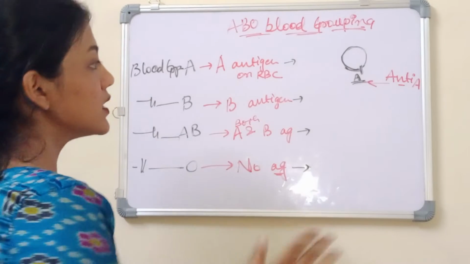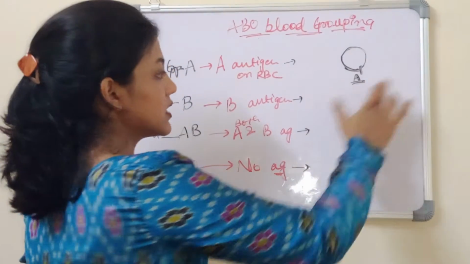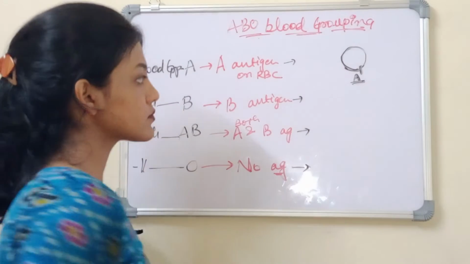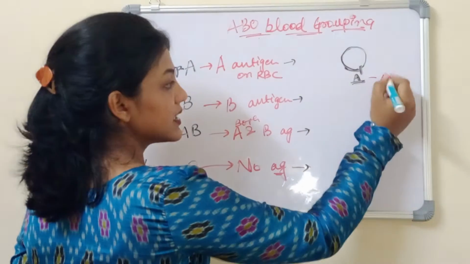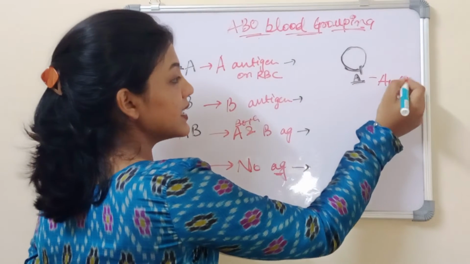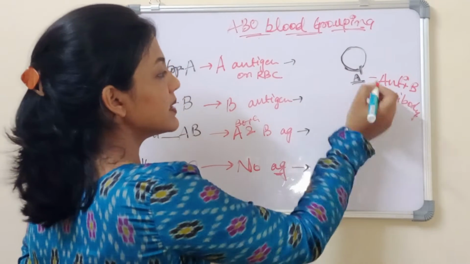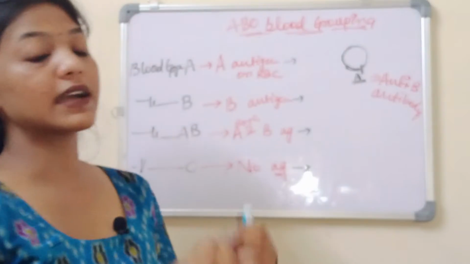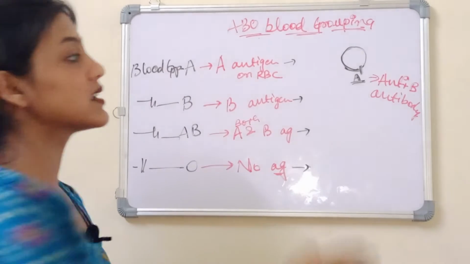Okay. So this could not happen, right? Anti-A antibody could not be present in the blood plasma of a person having blood group A. So what antibody should it have? It should have anti-B antibody, right? Anti-B antibody is an antibody that acts against the B antigen. It will not act against the A antigen.